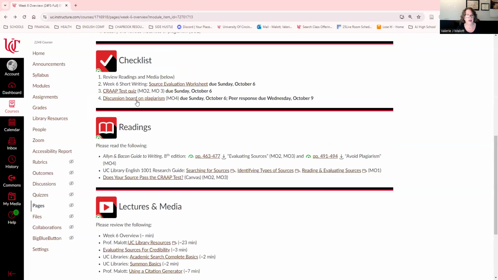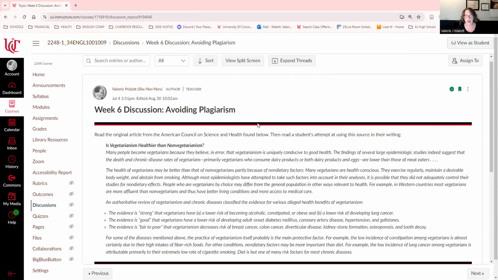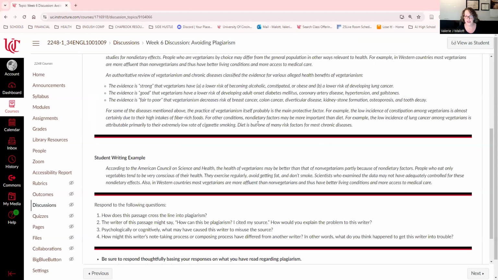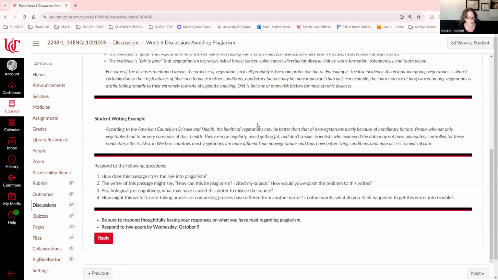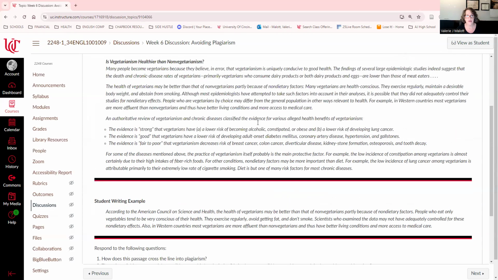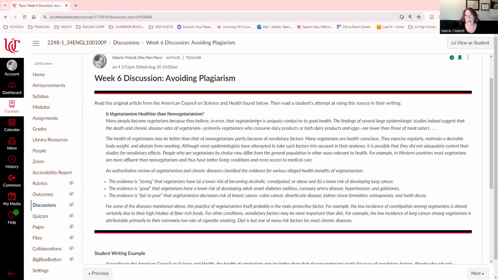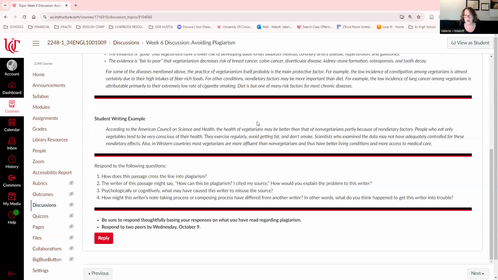And then the last one is the discussion board on plagiarism. Again, as with all of our discussion boards, your initial response, your initial post is due on Sunday, the 6th. And then you should respond to 2 peers by Wednesday, the 9th. So this is actually taken, I believe, from the course text.